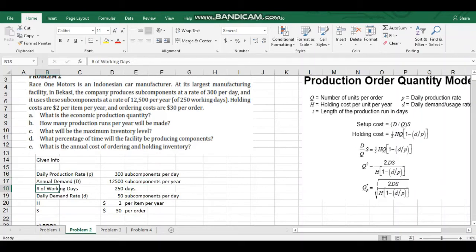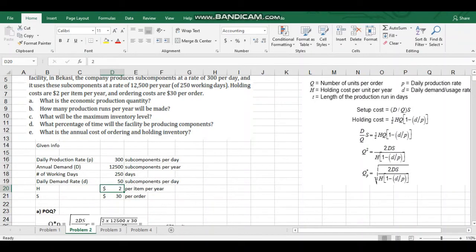And then the number of working days, which is 250 days in a year, and then the daily demand rate is 50 subcomponents per day. Okay, we get the daily demand rate by dividing the annual demand with the number of working days.